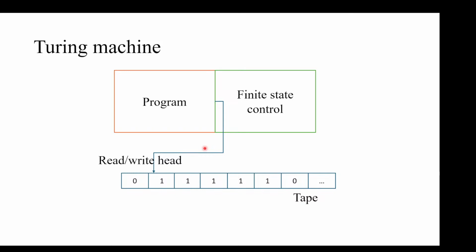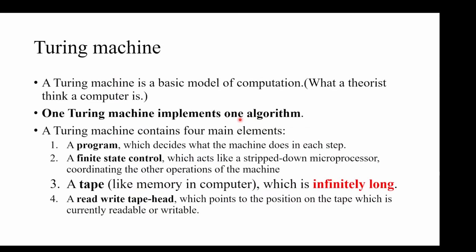This is a theoretical machine, but it's kind of like a real machine. We have a really long tape as memory, and it has a program that dictates what the machine will do. It has a finite state control, which is kind of like a CPU. It reads the program and decides what to do now, and it has a little bit of memory inside.